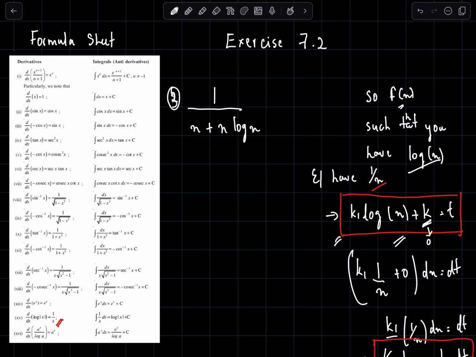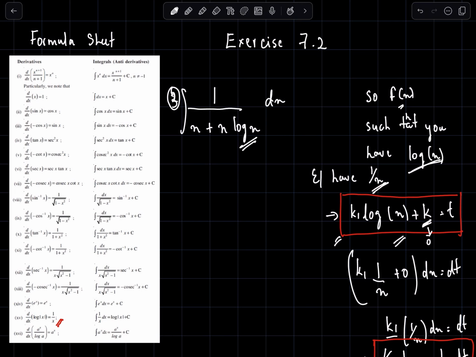Interesting. So you see log x, so integral, dx. But let's follow the trick. So f of x such that you have log of x, and have 1 over x. So where are you going to get 1 over x? Okay, this is interesting. There's no 1 over x.